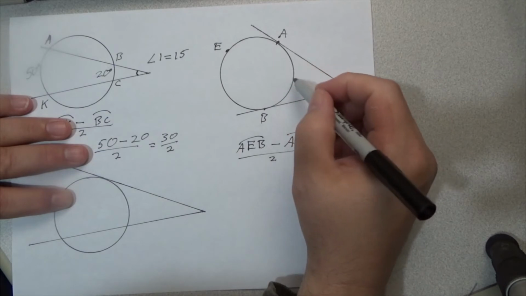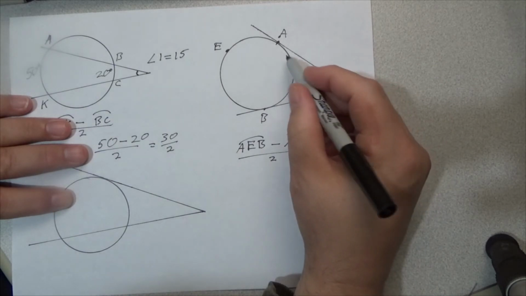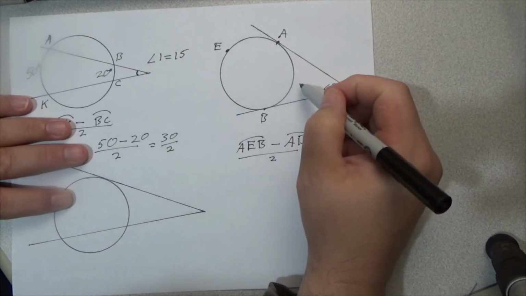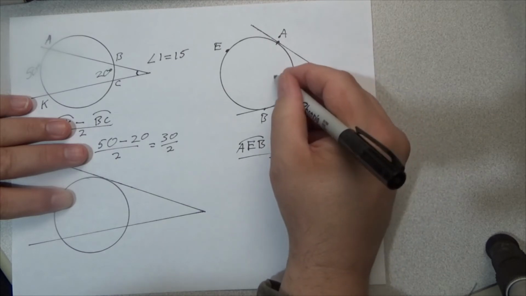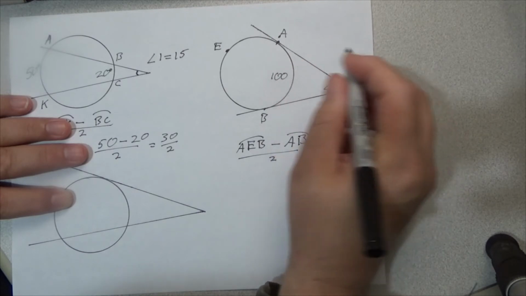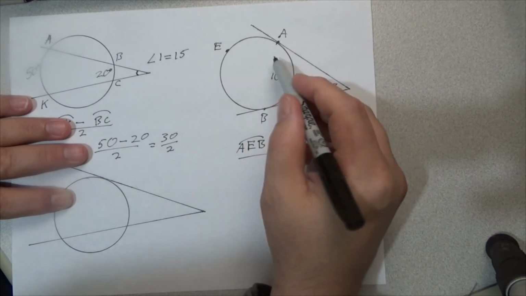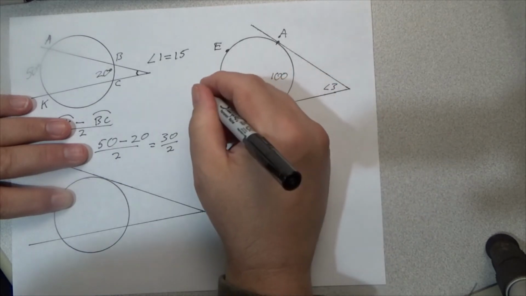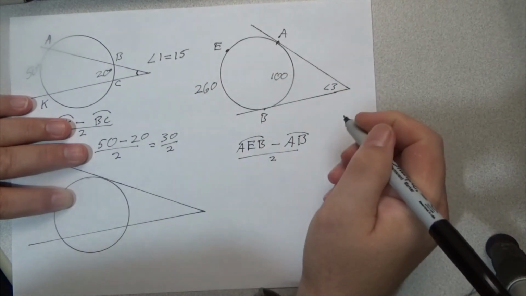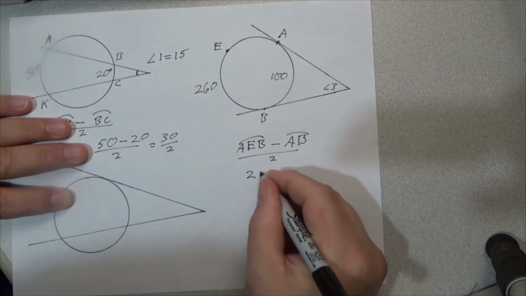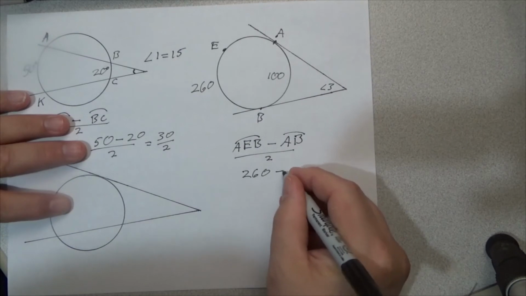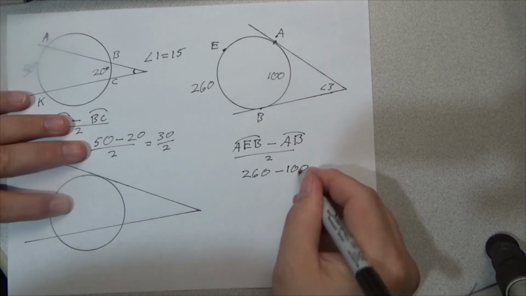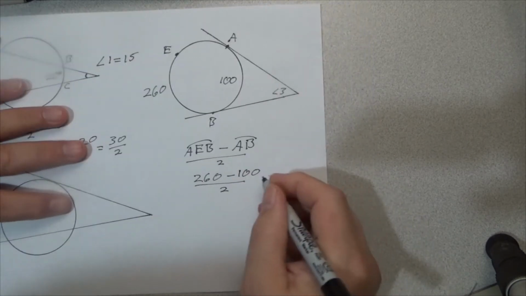Okay, let's call this one looks like about 100. That would make this one over here, since the entire circle is 360, this one 260. So we've got 260 minus 100 divided by 2.